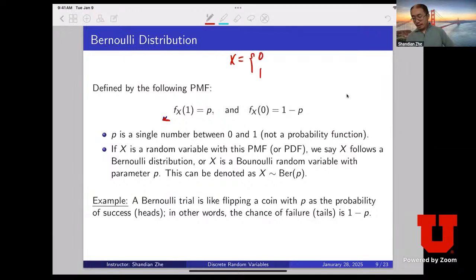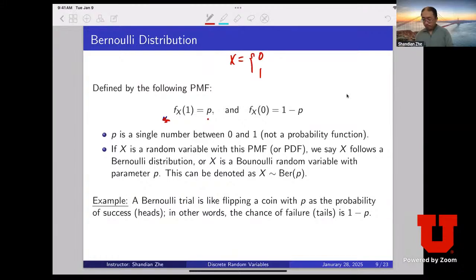And second, we require that the PMF takes the following form. The value of the PMF at 1 is some positive number p, which is between 0 and 1. And then the value of the PMF at 0 is 1 minus p.